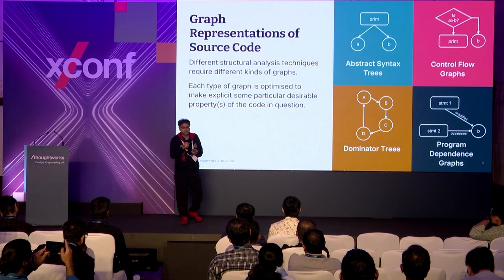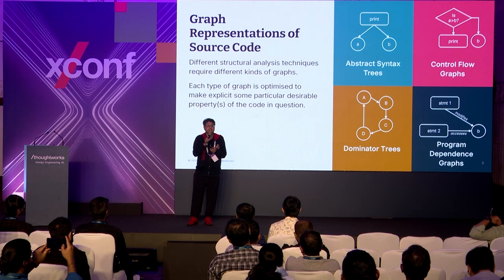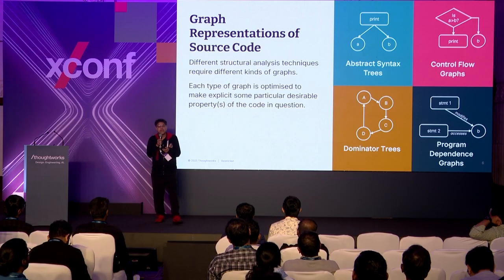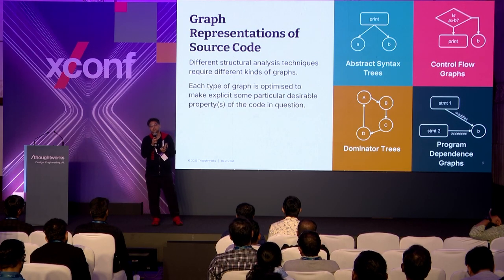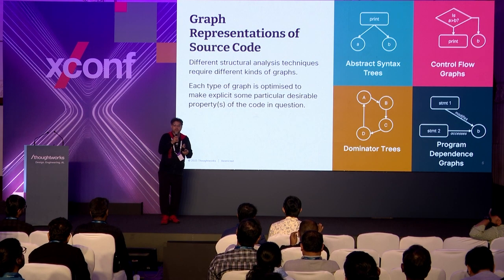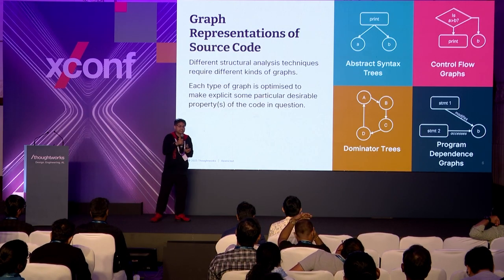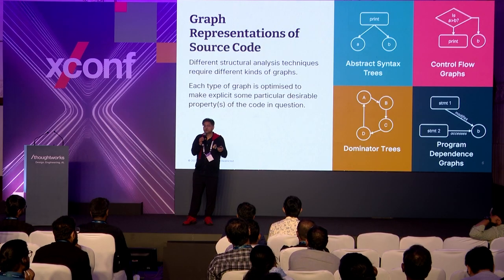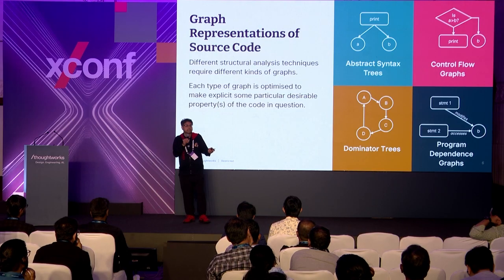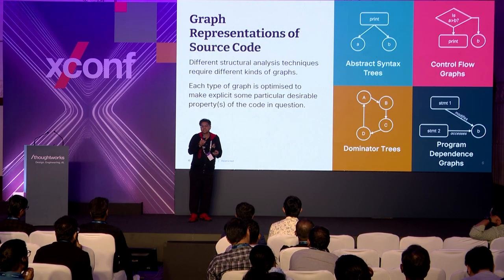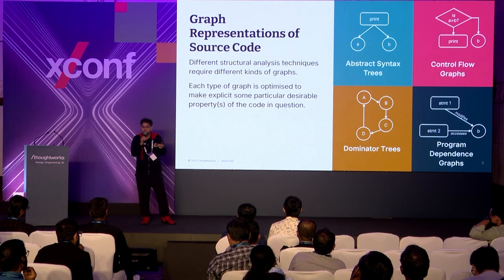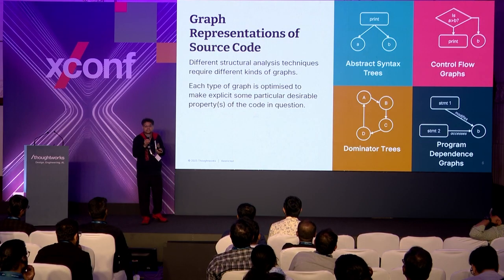Because these representations are actually representative of facts about the program. For example, if you have a control flow graph, you know which function calls which other function. If you have a dominator tree, which I'll talk about in a second, even if you are working on a legacy stack like COBOL or machine code, which might not use structured programming constructs, and might have gotos and other unstructured constructs, you can recover many of those hidden details, which a human would have to do quite a bit of analysis to uncover.